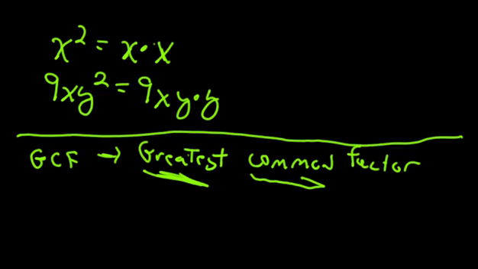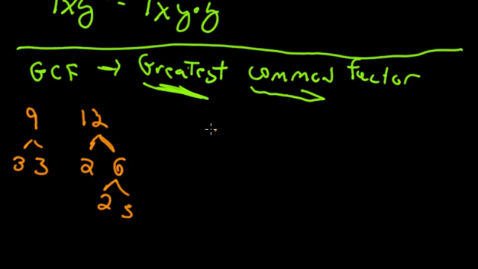So a GCF, if we go back and look at 9 and 12: 9 was 3 times 3, and 12 was 2 times 6, which was 2 times 2 times 3. So we've got a factor tree for 12 that looks like this.